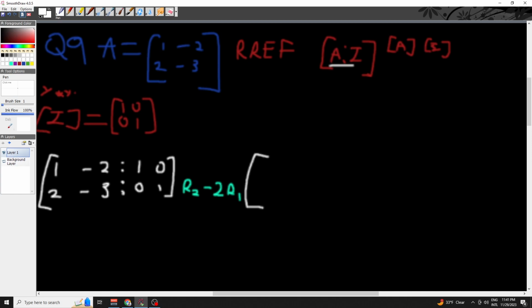So negative 2 times 1, negative 2. Crunch that number together. It's going to give us a 0. It's what we want. And we're going to take row 2 minus 2 row 1. Negative 2 times negative 2 is equal to 4. 4, negative 3, crunch them together. That's going to give us 1.